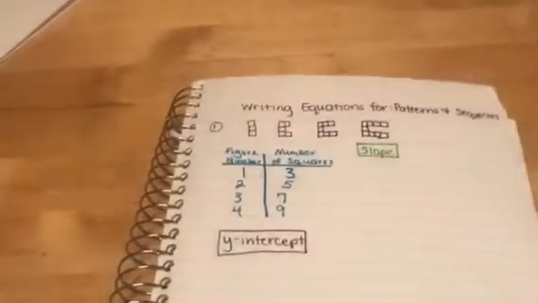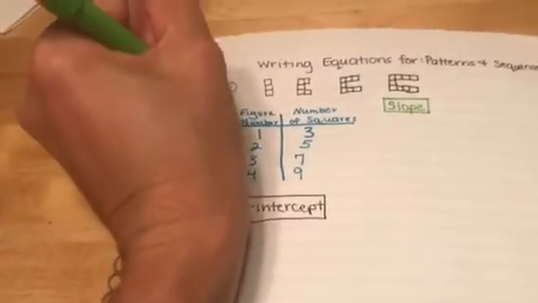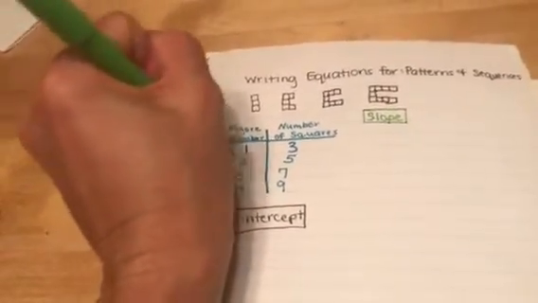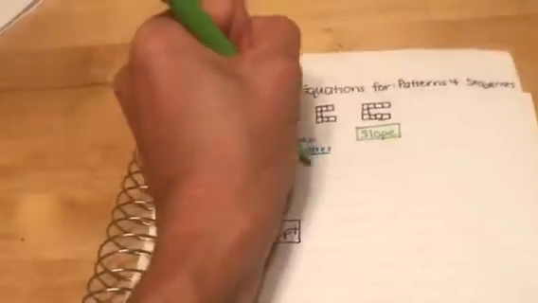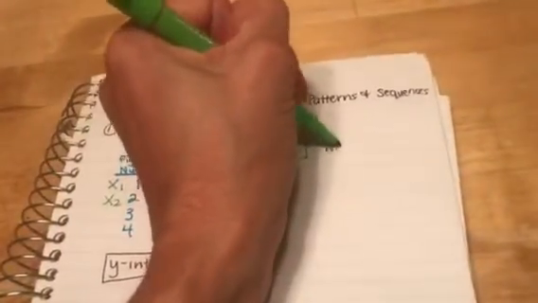All right, we found slope before from a table. Let's go ahead and proceed. We're going to label x1, x2, y1, y2. Write our equation.